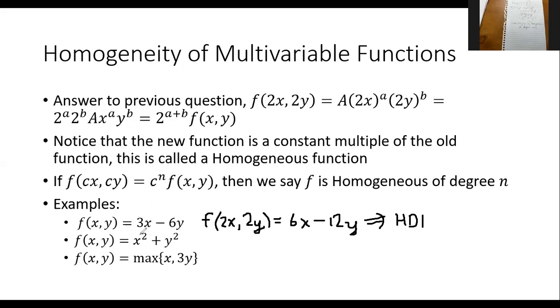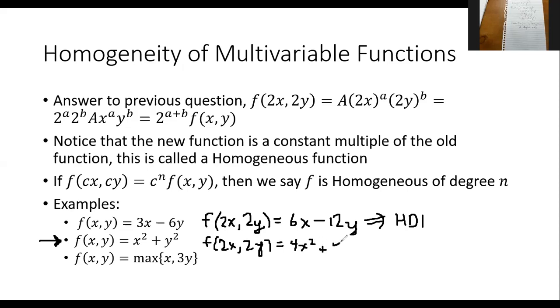What about this one? Is that homogeneous? And if so, what's the degree? I think an easy way to do this is always just double the x and double the y. See what you get. 2x quantity squared becomes 4x squared, isn't it?